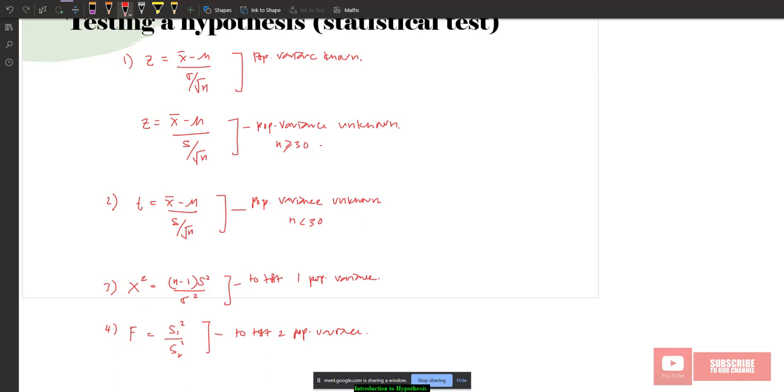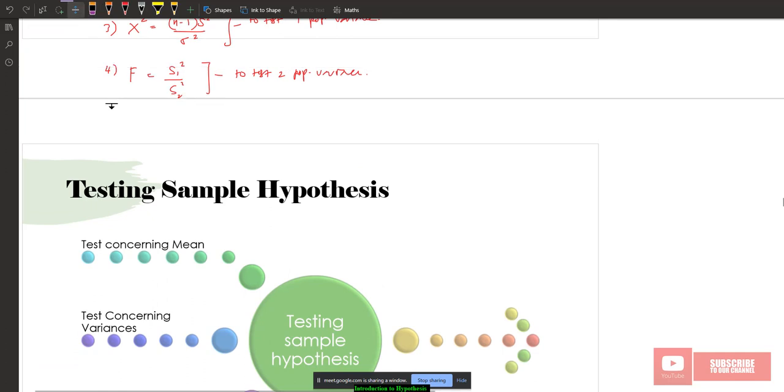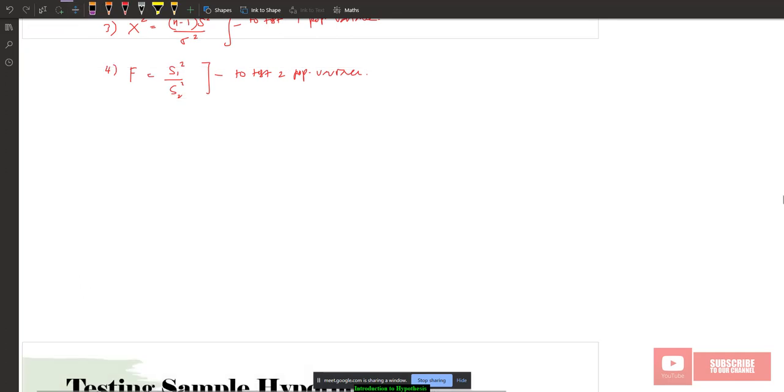Since we are looking into two population variances, let's say we have two population means. Number 5, let's look at Z first.